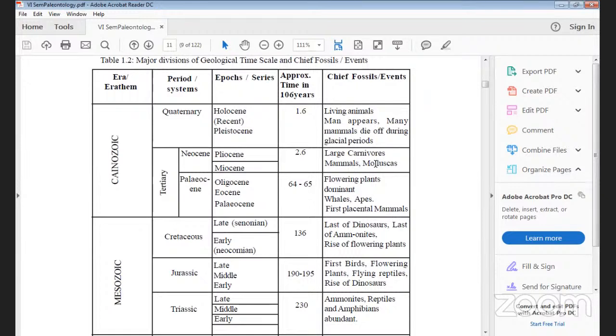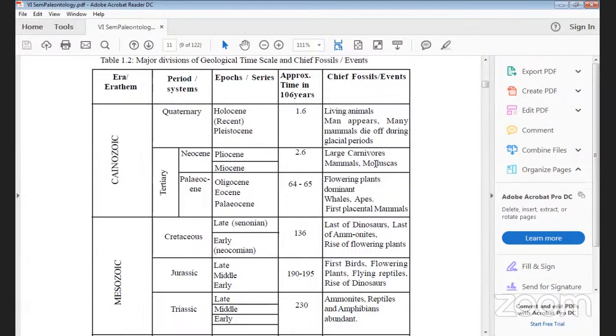And coming into the Cretaceous period, it has two series. One is the early Neocomian. The second one is the late Senonian. And the age is around 136 million years. The last of the dinosaurs and the last of the ammonites, and it's a rise of flowering plants.